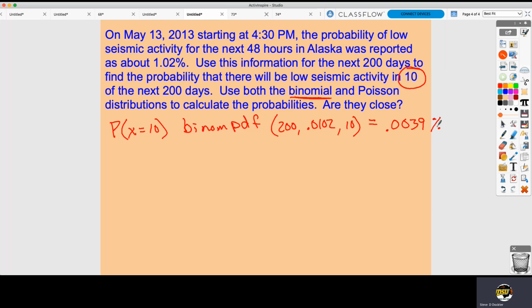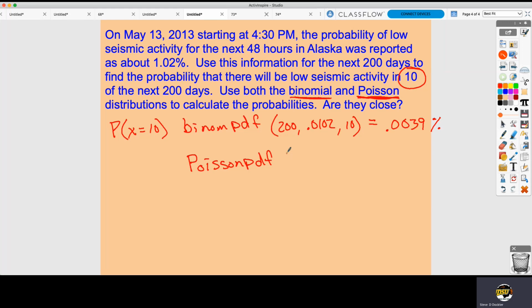Okay, now, what this one is saying, though, is we need to compare both the binomial and the Poisson here. All right, so we're going to do the same thing. We're going to use the Poisson PDF. Okay, and this one, before we type this into our calculator, do we have an expected value for this?